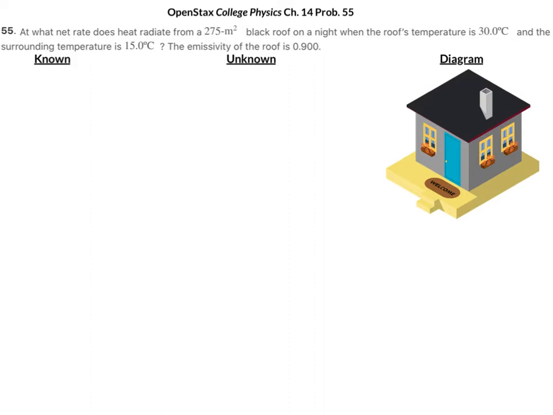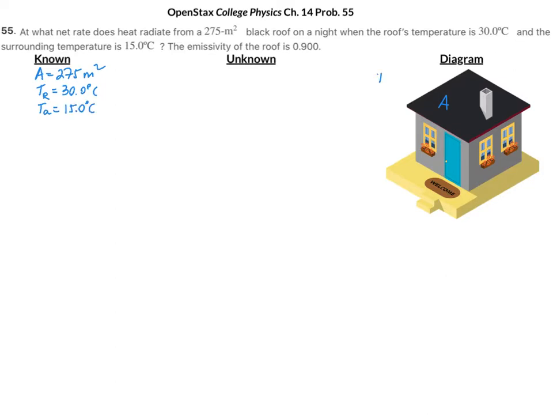All right, so let's write down the things that we know. The area of the roof is 275 square meters. The temperature of the roof, T sub R, is 30 degrees Celsius, and the temperature of the air is 15 degrees Celsius.